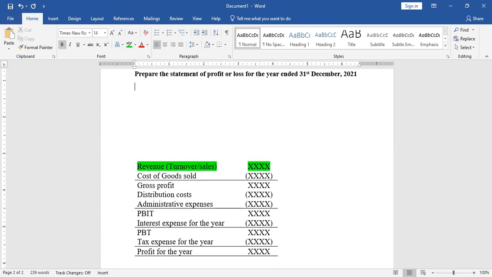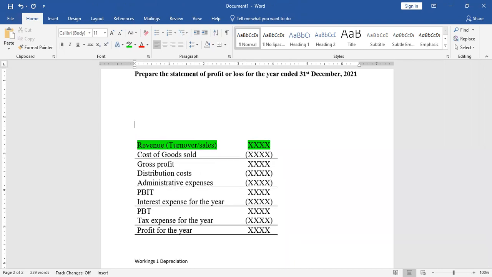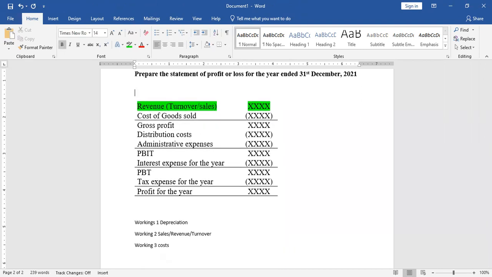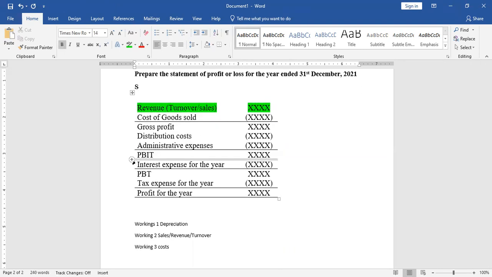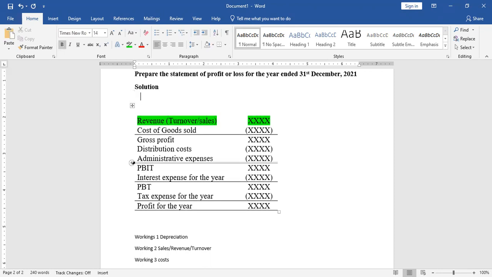The income statement or the statement of profit or loss has the heading, and the heading has got marks. So I shall say solution here. The name of the company is Doggie Limited.